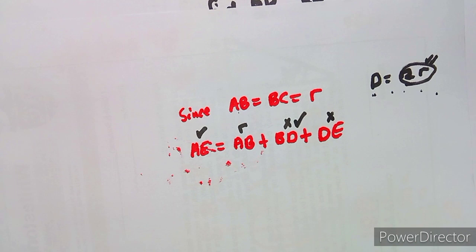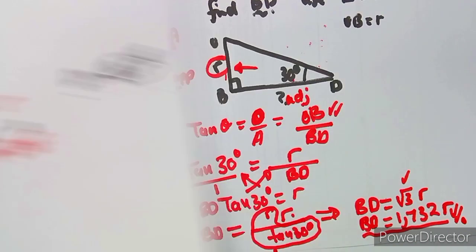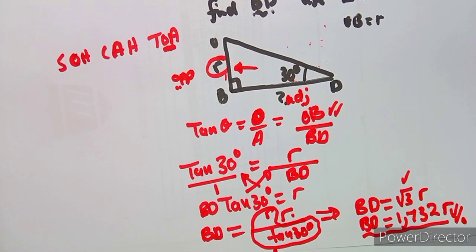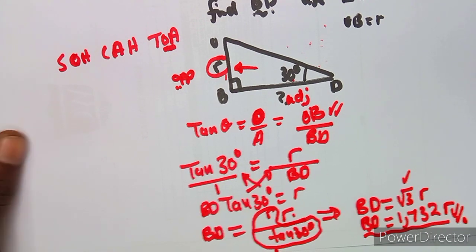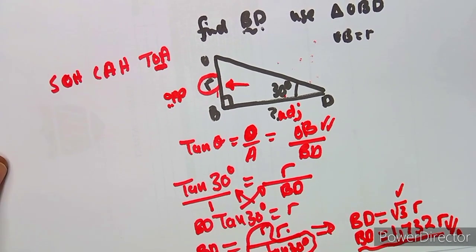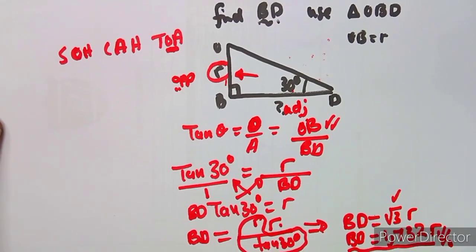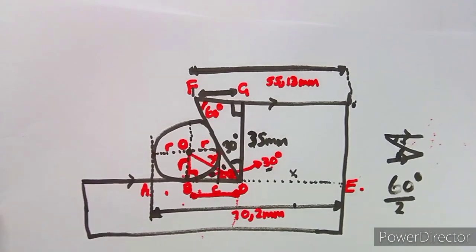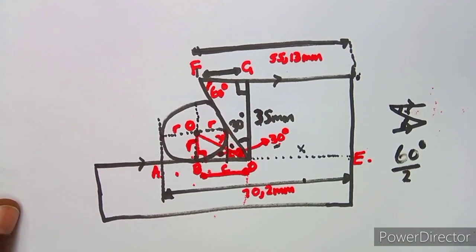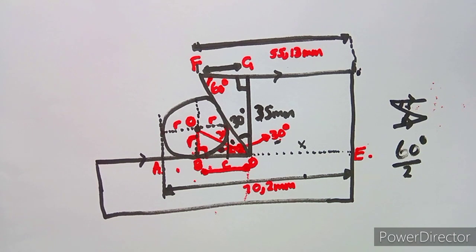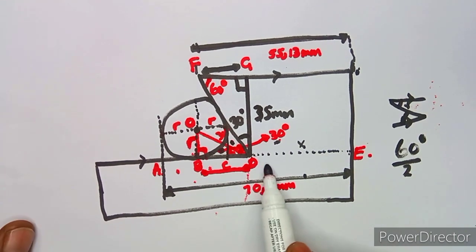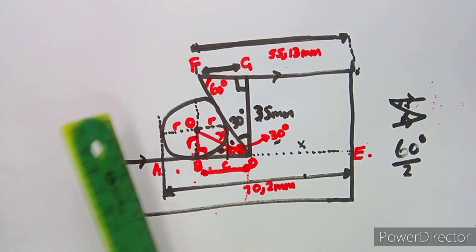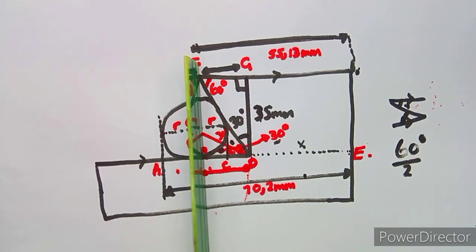So what can we do to find DE? Let's go back to our measure diagram. This is what we want to calculate, DE. Remember, guys, I told you about the relationship here, because it's in the horizontal like this.